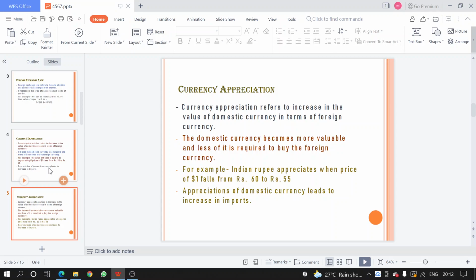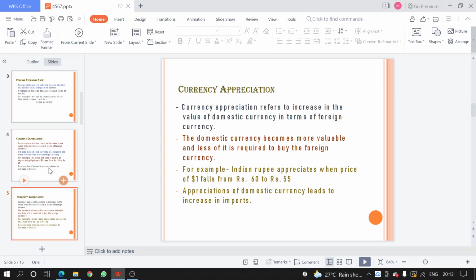Now, what is currency appreciation? Currency appreciation refers to an increase in the value of domestic currency in terms of foreign currency. This can be understood again by an example. For example, the Indian rupee appreciates when the price of $1 falls from 60 rupees to 55 rupees. It means earlier $1 could be exchanged for 60 rupees, but now $1 can be exchanged for 55.